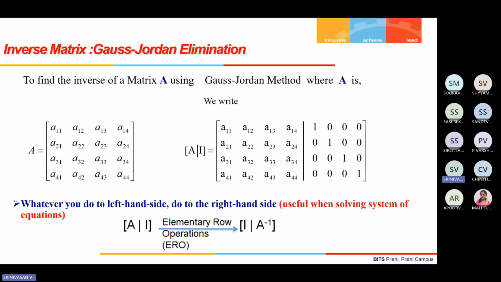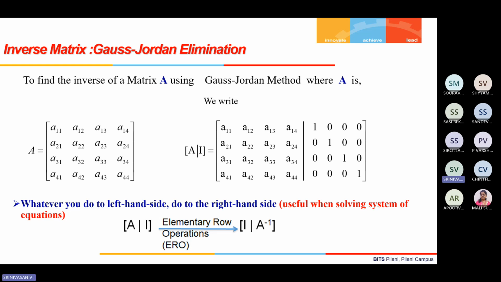If R of A equal to R of [A | B], system is consistent, but if the rank is less than the number of unknowns, then it has infinitely many solutions. If R of A not equal to R of [A | B], system is inconsistent in the sense the system has no solution. So these are all useful results to be remembered, can be used for answering quiz questions.